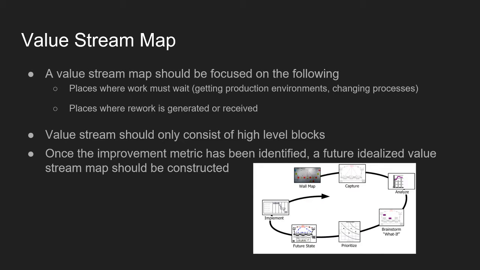The value stream map should focus on two things: places where work must wait, for example, production environments and change processes, and places where rework is generated or received. Also, the value stream map should only consist of high-level blocks. Once the improvement metrics have been identified, a future idealized value stream map should be constructed.